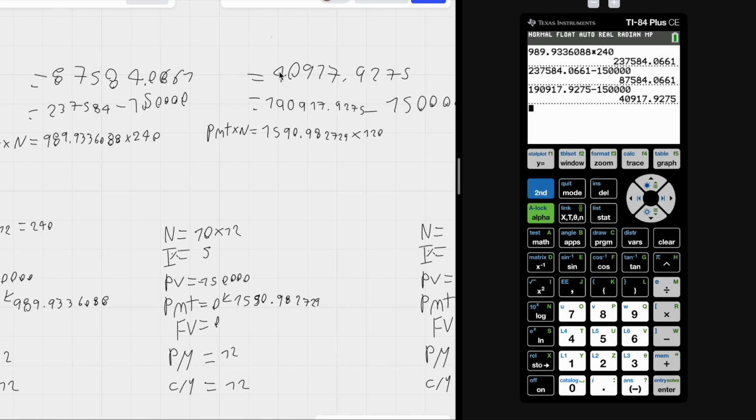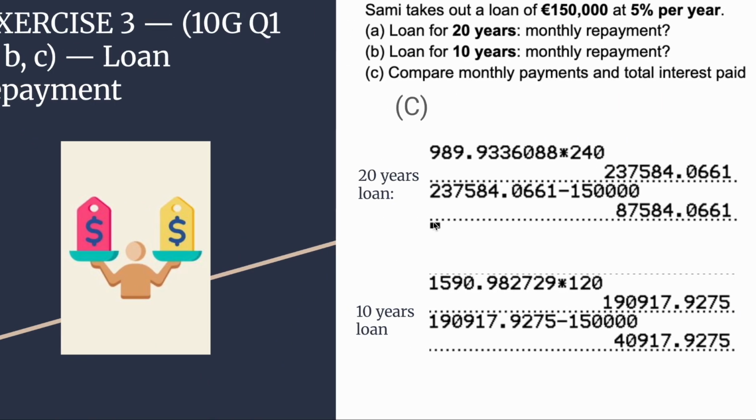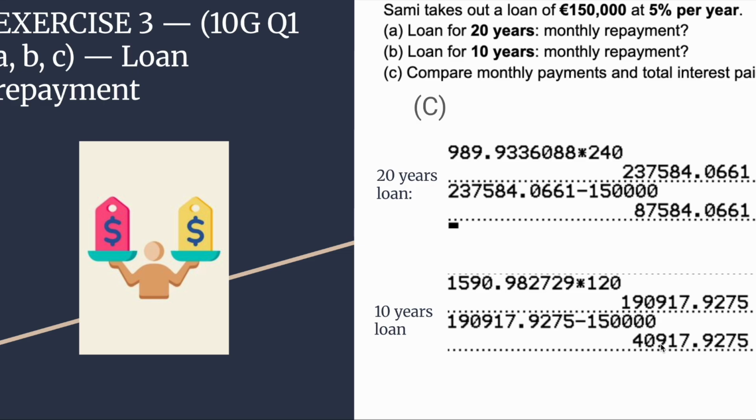This is the total interest paid in each loan, and we can see that this one is almost the double that this one. So we can conclude that the 10 years loan is way better because we are paying less interest.